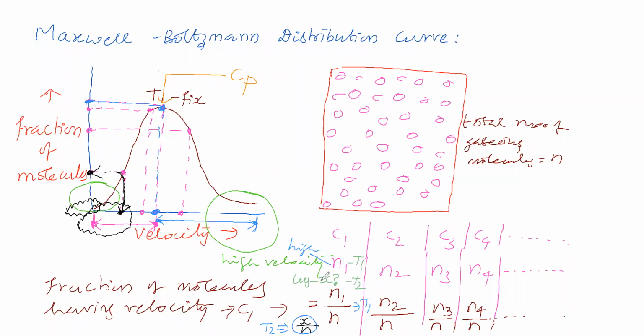Then X is the lower number of molecules and N1 is the higher number, as we said. Now for the fraction of molecules at velocity C1, it is N1 by N at temperature T1 and X by N at temperature T2.